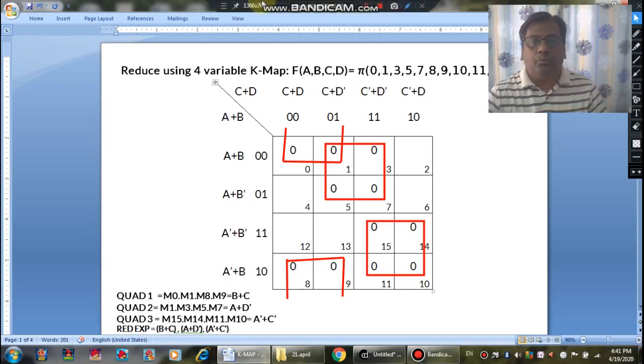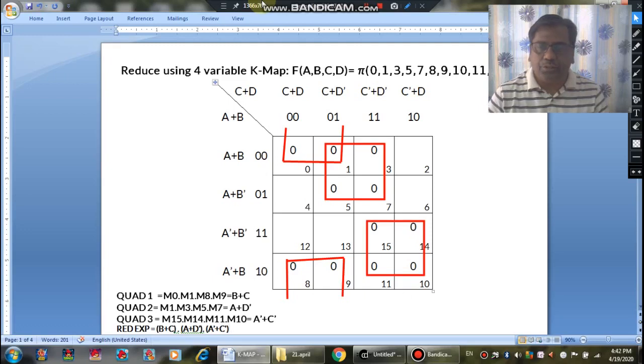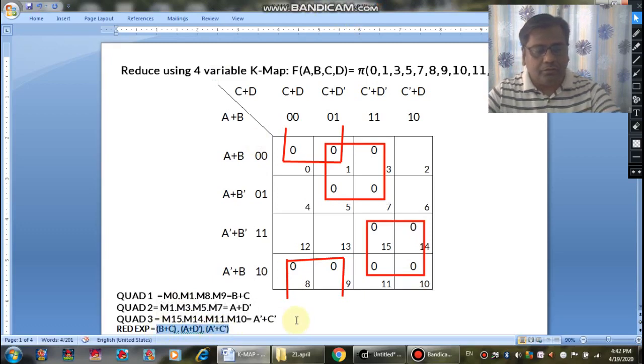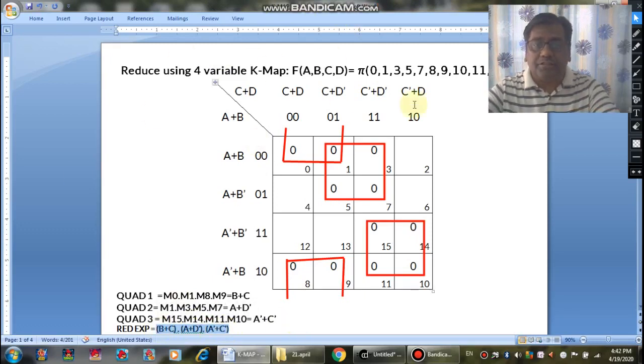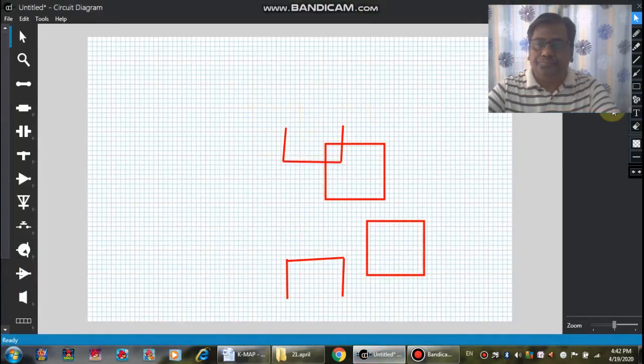This is how we are going to create the 4 variable POS K-map in our answer. Now we talk about the circuit. This is our circuit. For the circuit design, we will come to the circuit part.